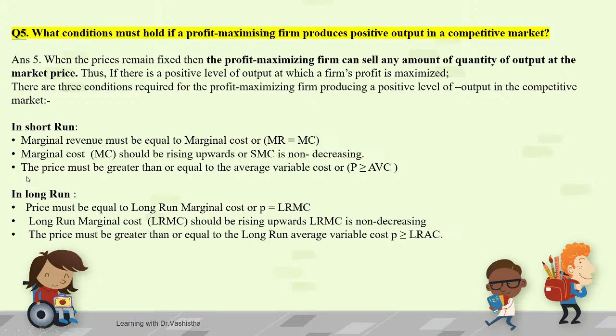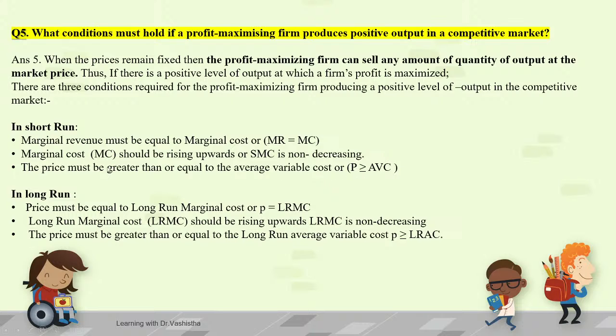And the third condition for the short run is that price must be greater than or equal to the average variable cost. Price shall be fixed at a point where it covers the average variable cost. As we already know, there are 2 kinds of cost, fixed cost and variable cost.